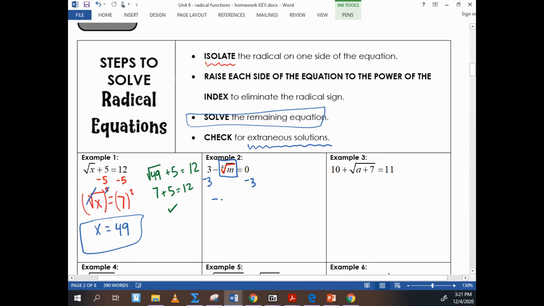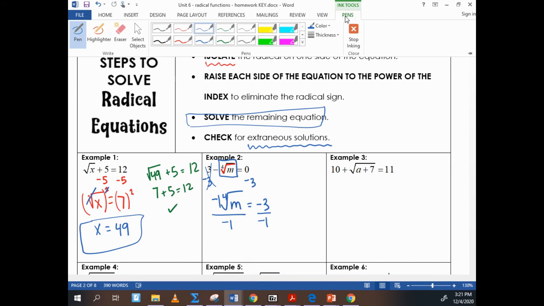That negative is still there. I still have the negative 4th root of m equal to 0 subtract 3, which is negative 3. Remember, there's an invisible 1. I think the easiest way to get rid of that negative 1 is to divide both sides by negative 1.